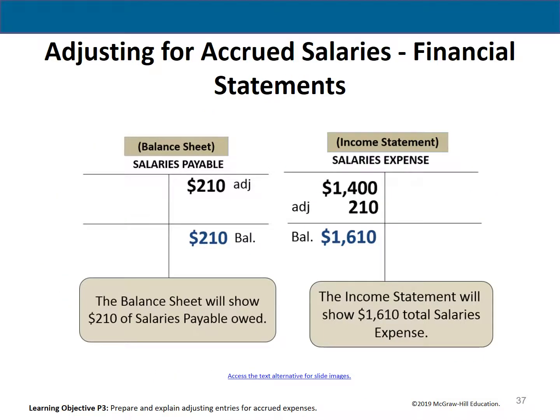And so now you can see salaries expense is at the proper amount for the proper amount of activity the employees did for the month of December. And liability is properly reflecting that the company owes $210 to the employee.